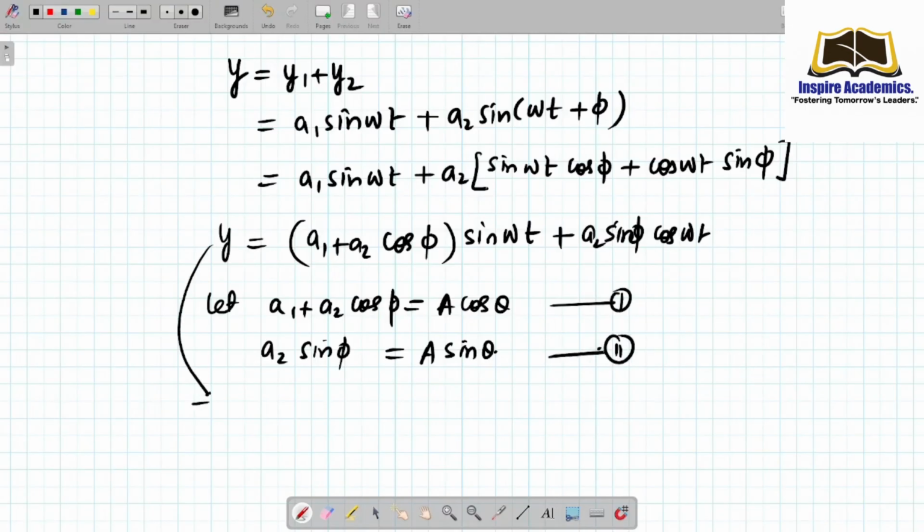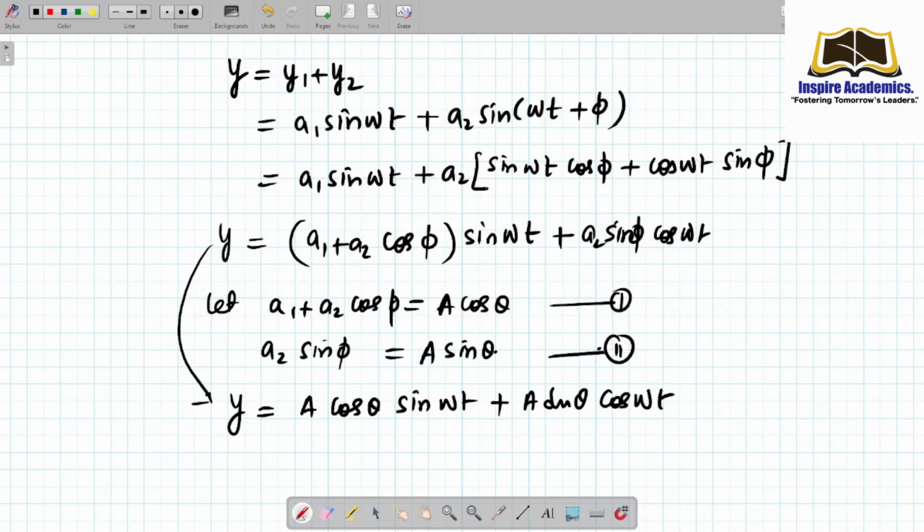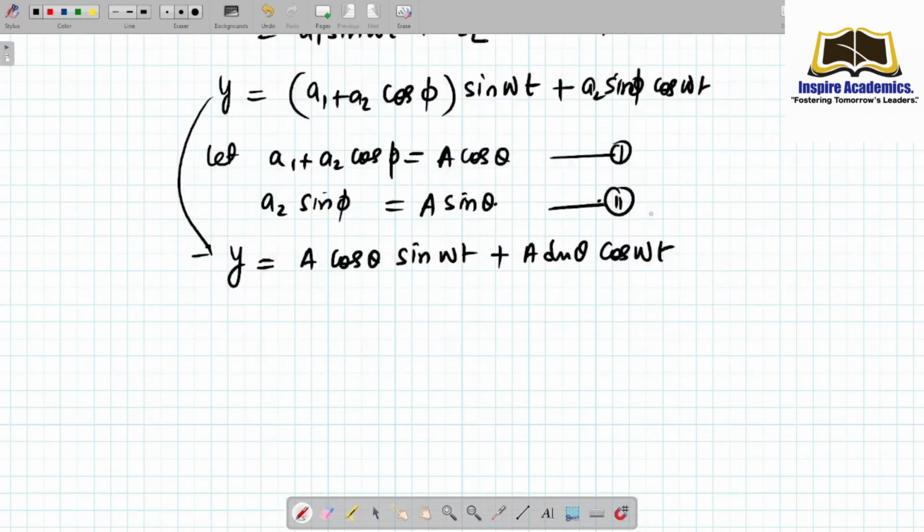So what will be my y? Let us see, y is equal to A cos theta sin omega t plus A sin theta cos omega t. Is this clearly understood, these steps, Ayon and Kshitija? Yes sir, understood. Okay, great. All right, let us now write y as A cos theta sin omega t would become sin omega t plus theta.